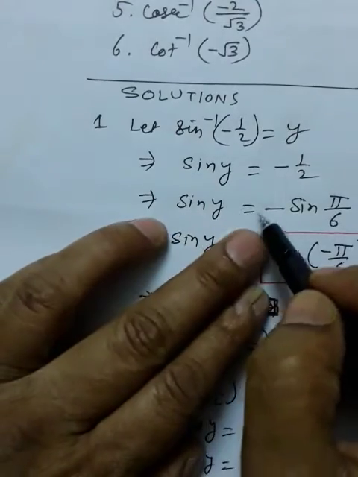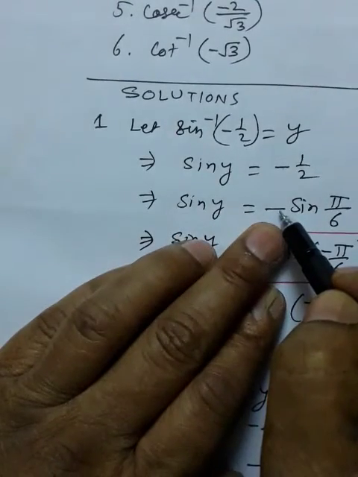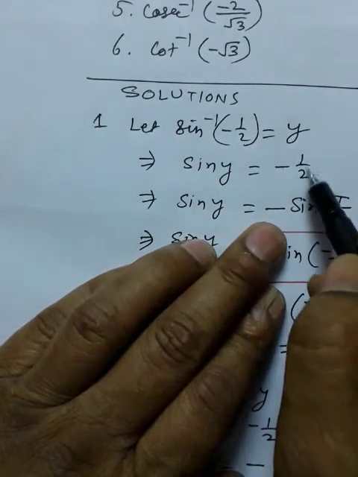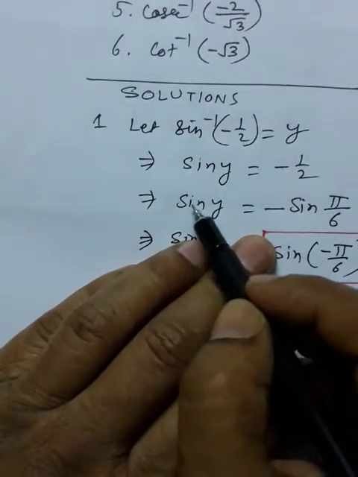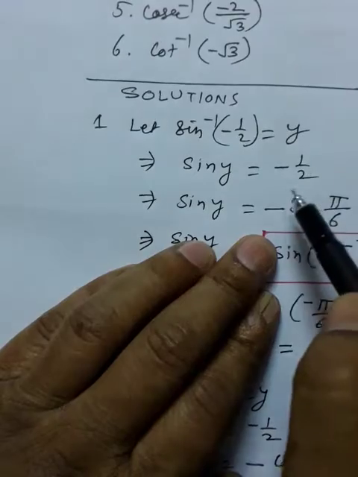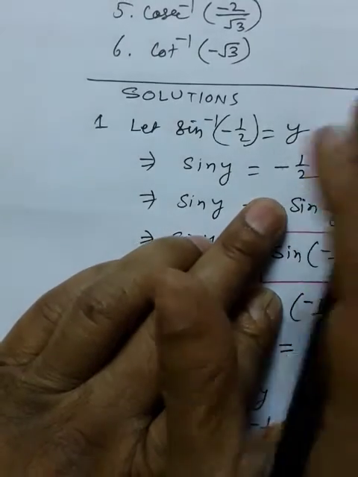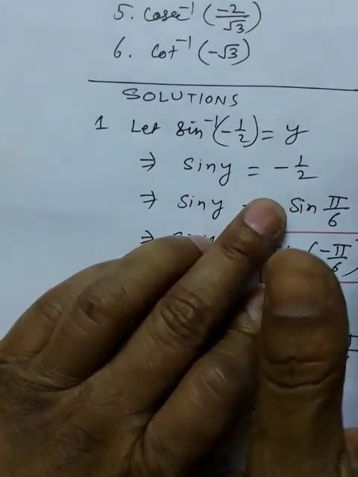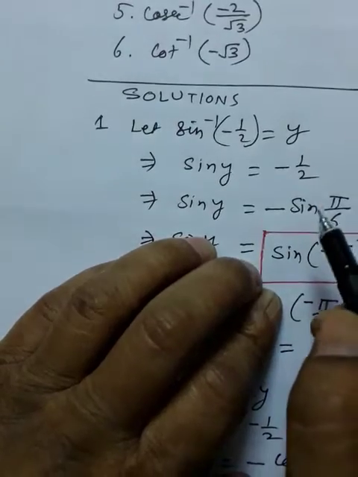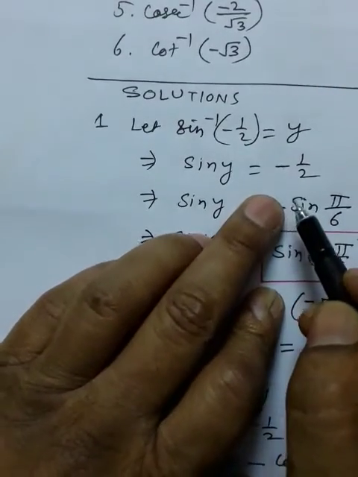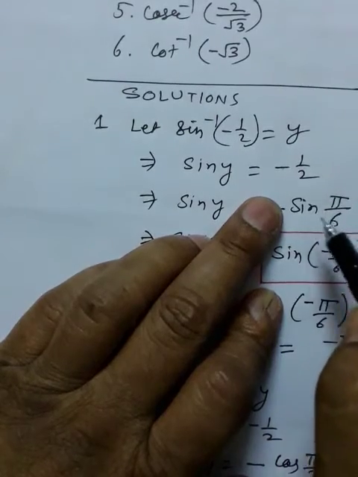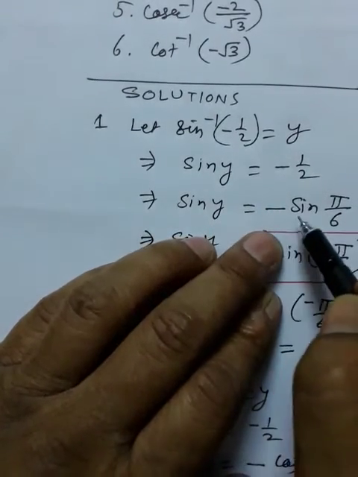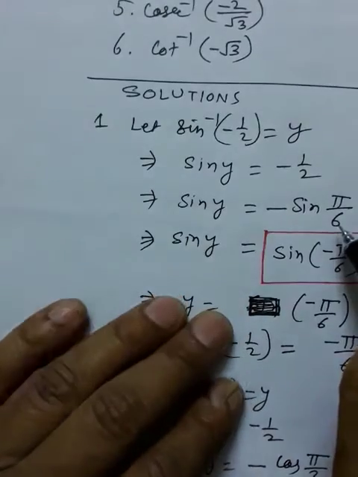Remember, in sin y, the minus will be as it is, and in place of 1 by 2 you will write the value in terms of sine. So minus is as it is. Every question will be solved like this. This minus as it is, and for 1 by 2 you write the value here. Okay, minus sine pi by 6.